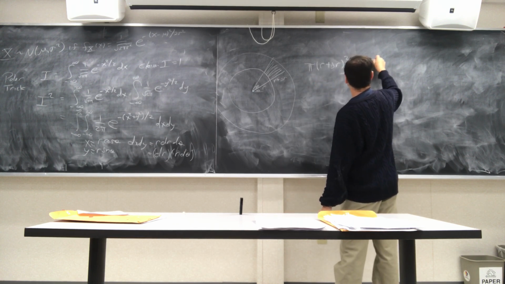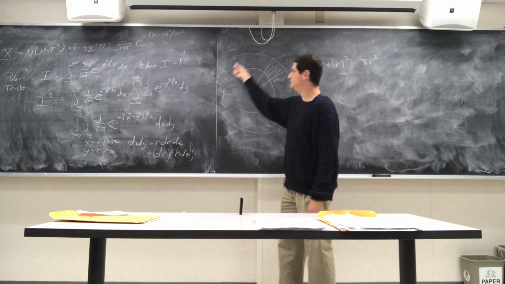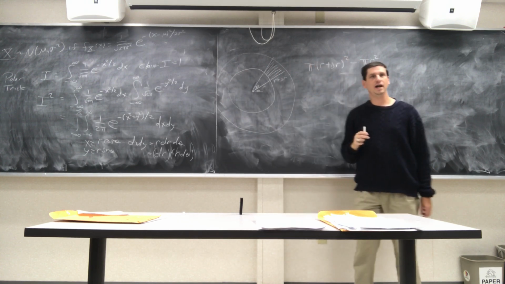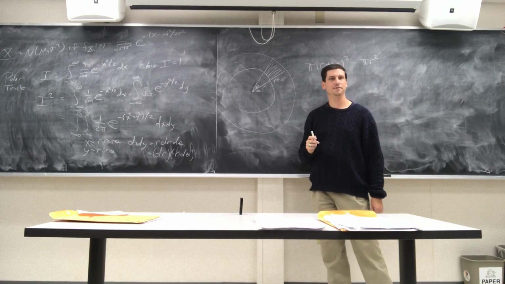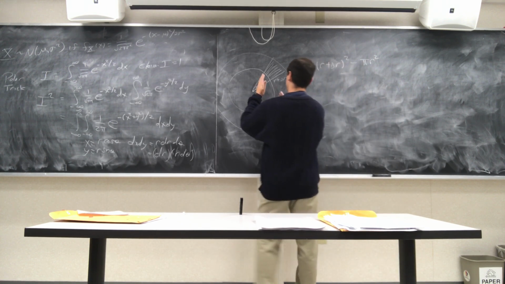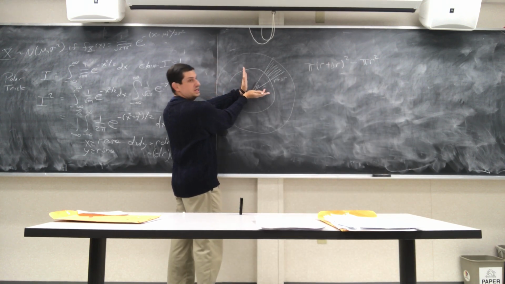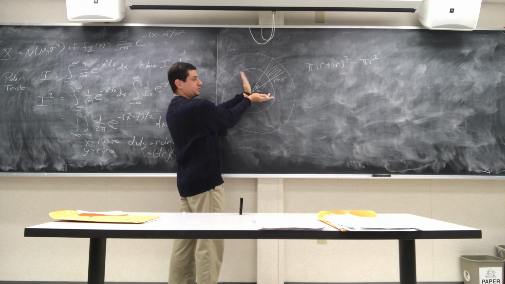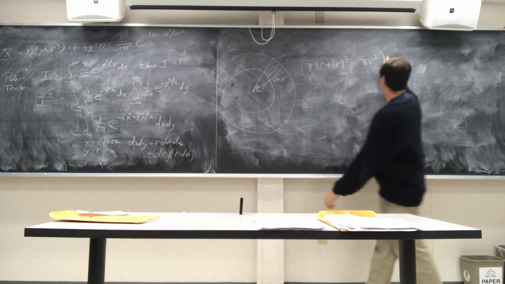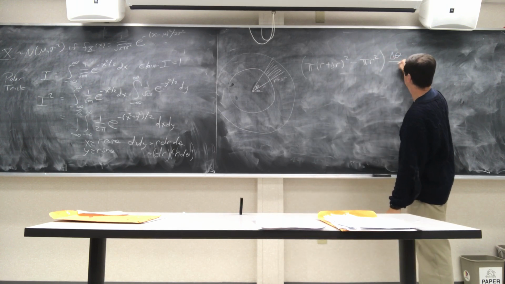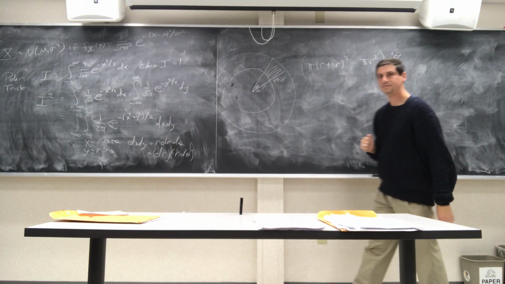I subtract off the smaller circle. And that will give me the entire ring. How much of the ring do I get? I get delta theta over 2 pi. If delta theta was amazingly pi over 2, I'd get a quarter of the circle. If delta theta was pi, I would get half the circle. So the fraction that I get is delta theta over 2 pi.